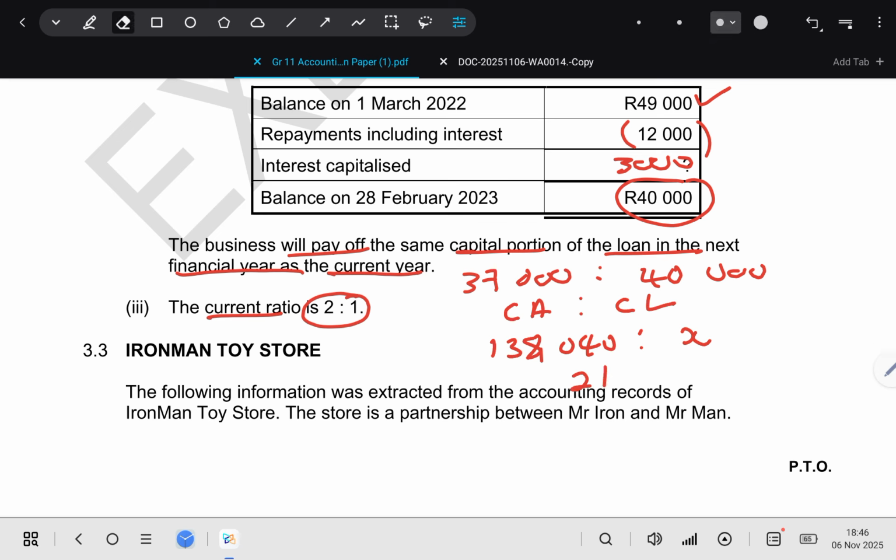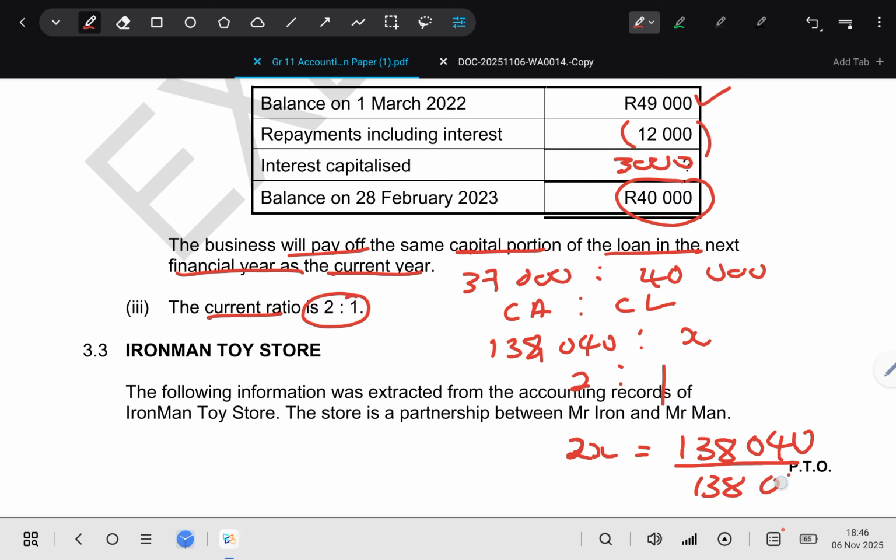So it already tells you that you are going to cross multiply, which will give you 2x equals 138,040.